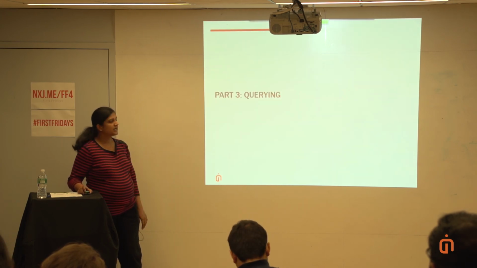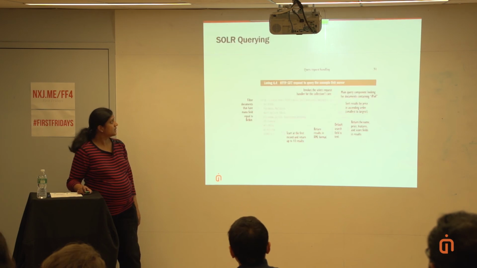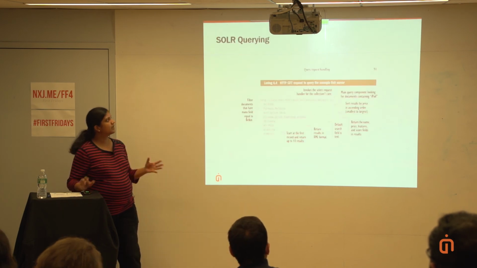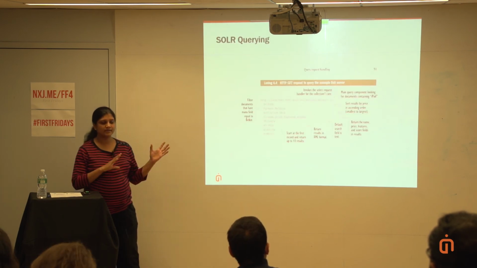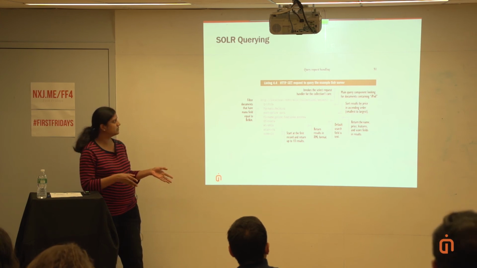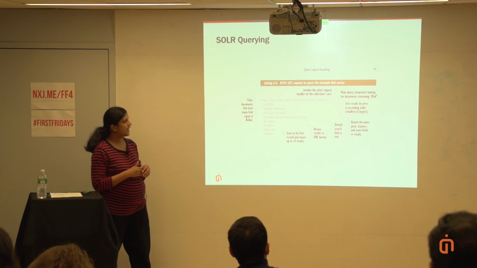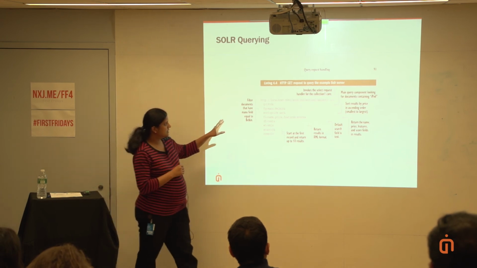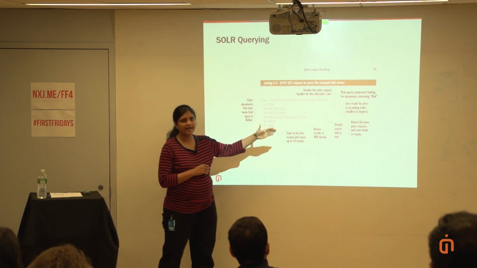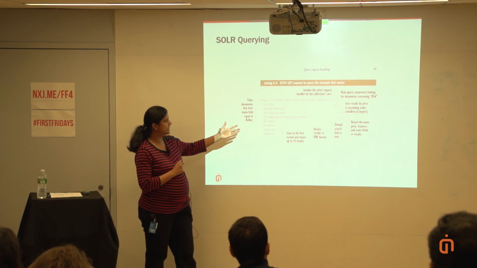And then the final part is the querying. So at a high level, how the querying works is, in indexing we use the HTTP post, and for querying we do the HTTP get. And here it's kind of self-explanatory, and I will share the presentation later on.